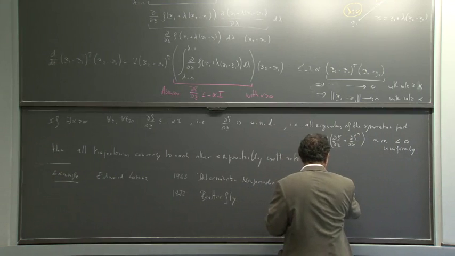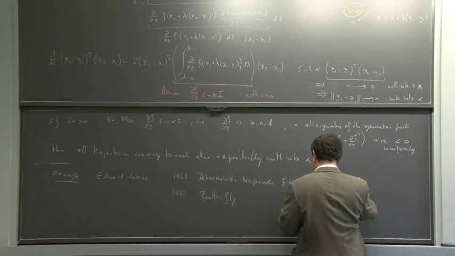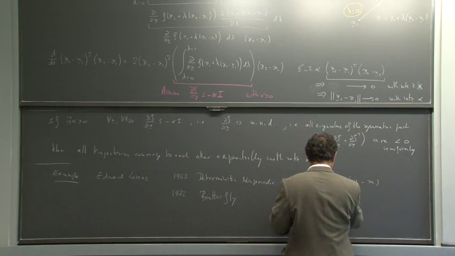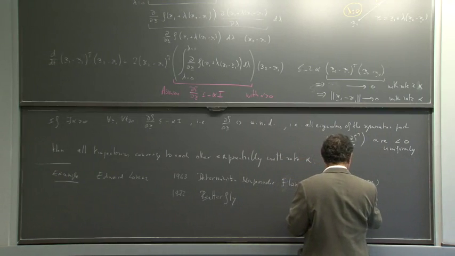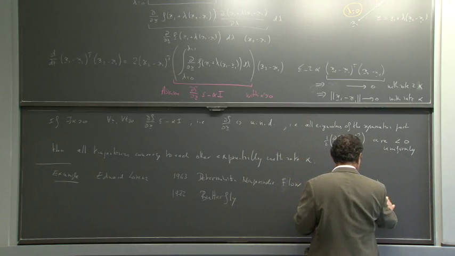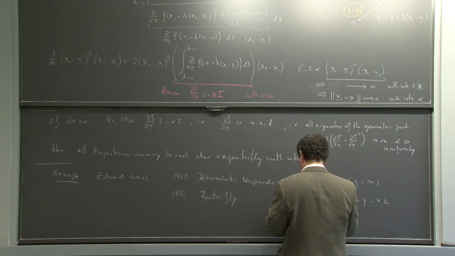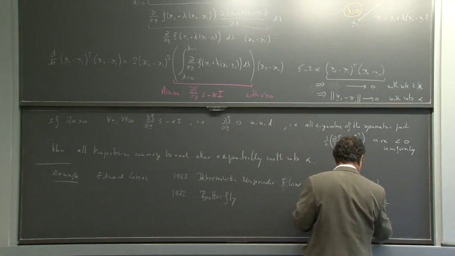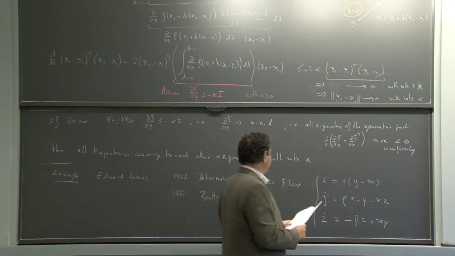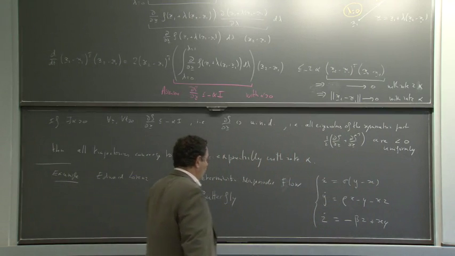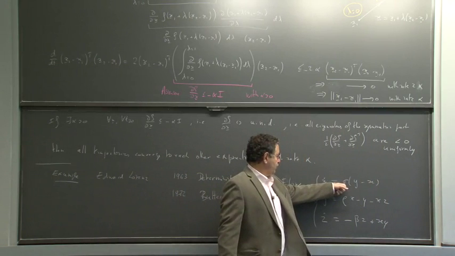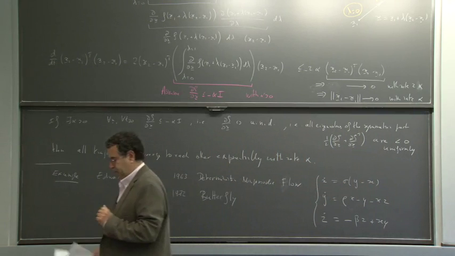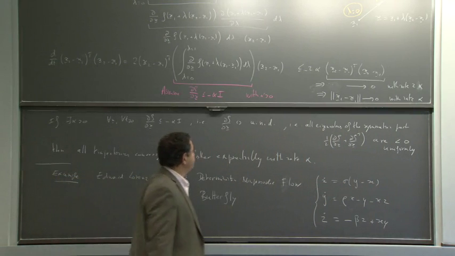It has 3 variables x, y, z, and 3 strictly positive constants, sigma, rho, and beta. And that's the model.